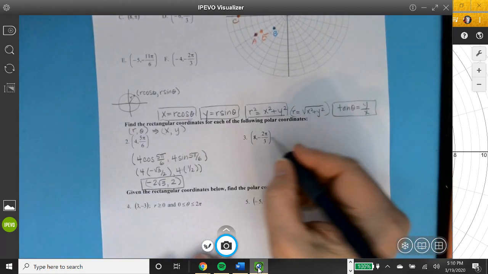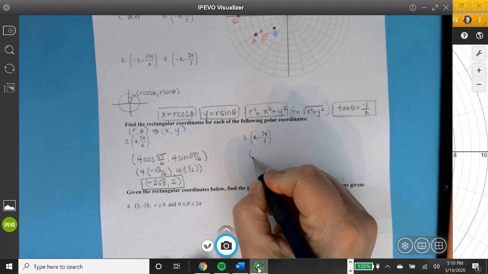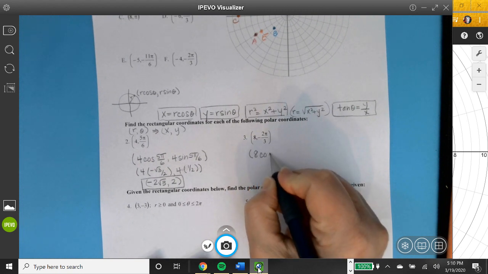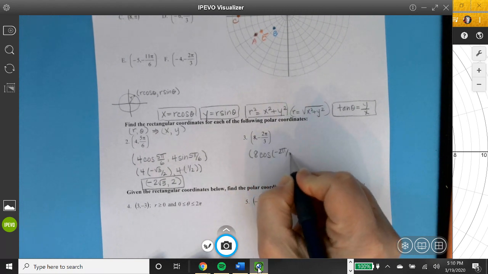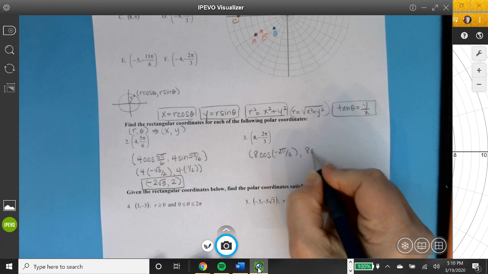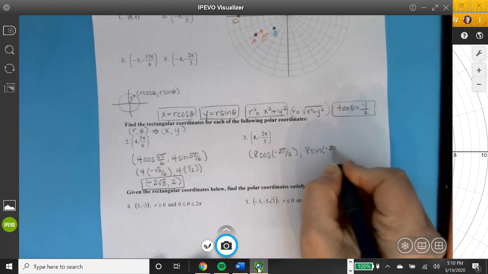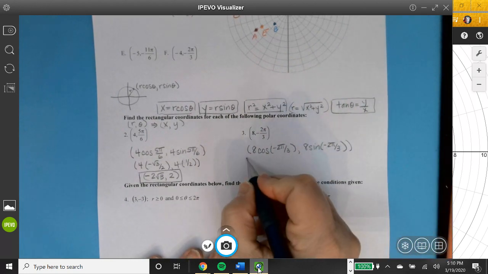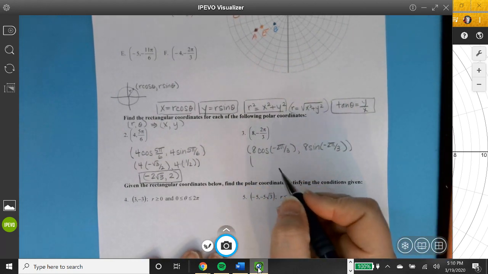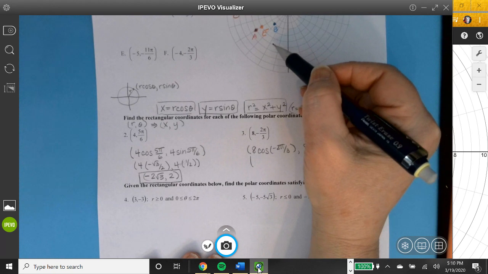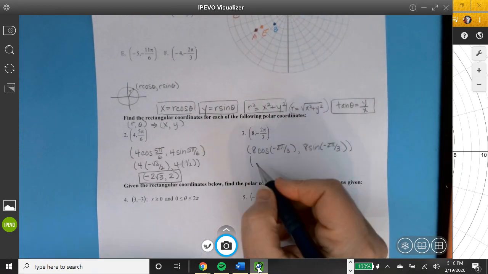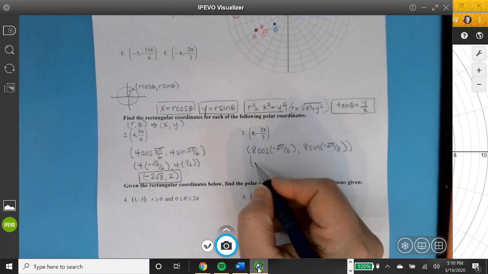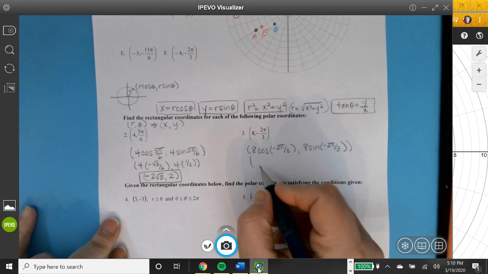All right, this next one's just going to be 8 cosine of negative 2 pi over 3, 8 sine of negative 2 pi over 3. All right, so negative 2 pi over 3 is a quadrant 3 angle, so the coordinates are both negative, and for pi over 3, the point's 1/2, root 3 over 2.